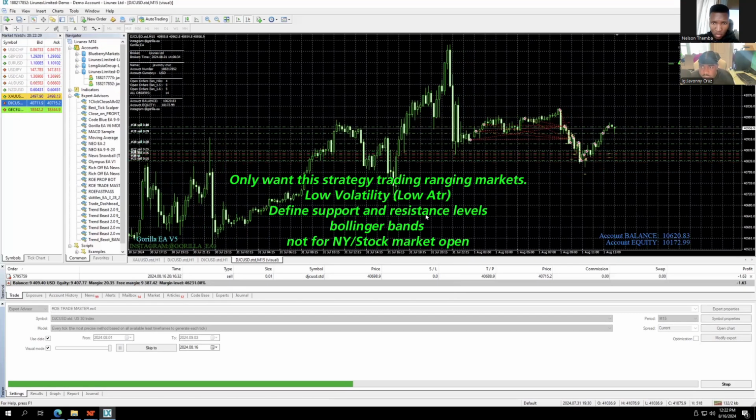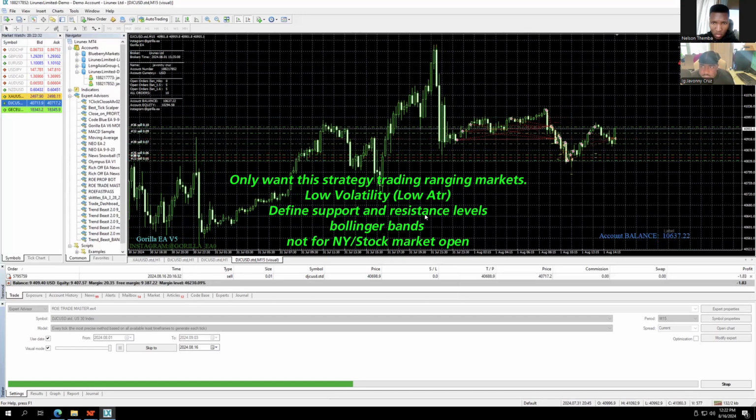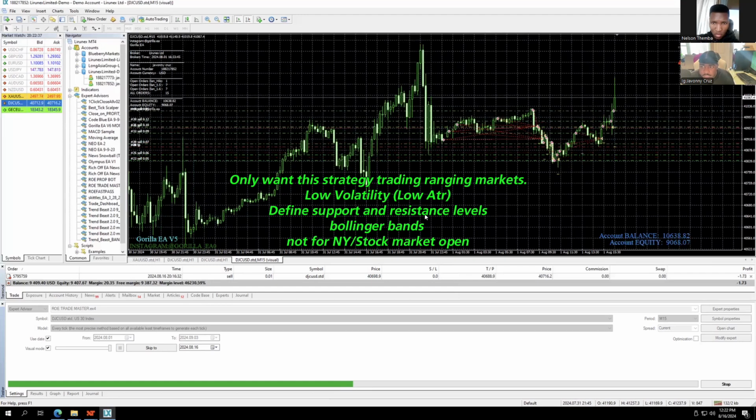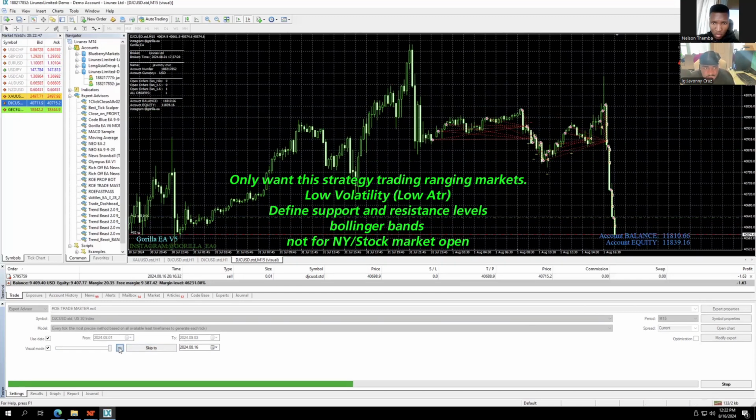So as the market goes in the opposite direction and it's taking these buys or sells, the trail and stop, I mean the take profit, is coming closer and closer because the lots are increasing.